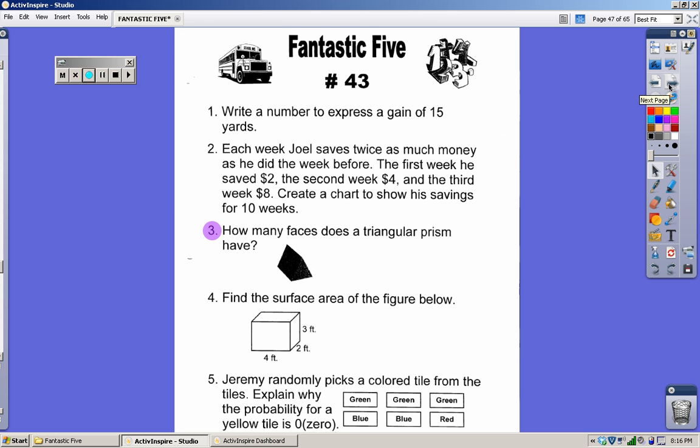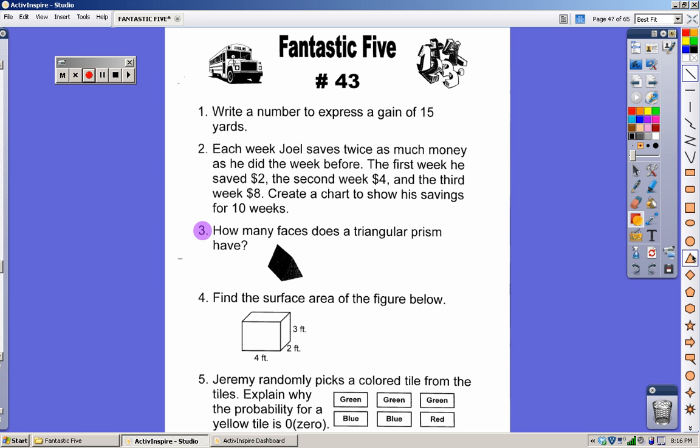For the third question, how many faces does a triangular prism have? If you look at just a regular old triangle, you know that it has this face, and then it has that face also on the back of it. So I'm just redrawing you the figure here. So it has 2 faces there.